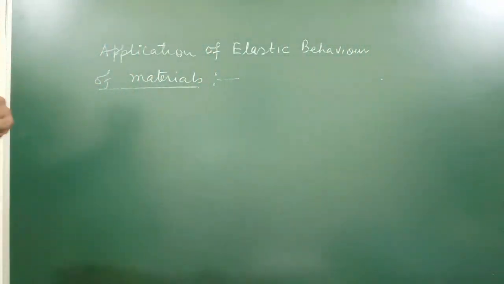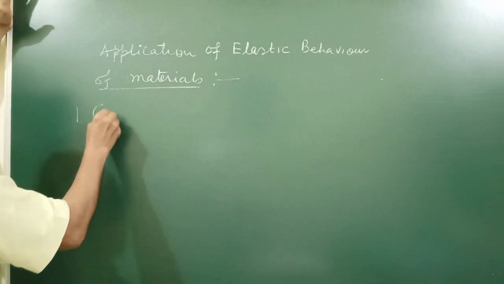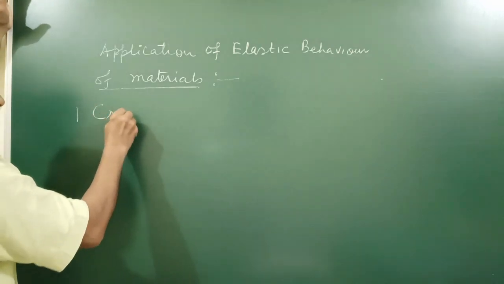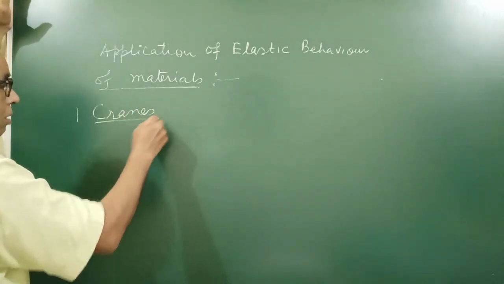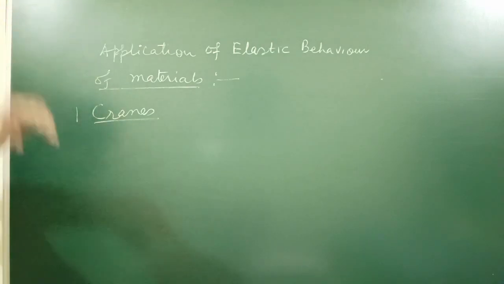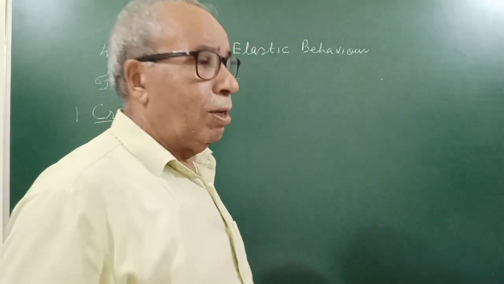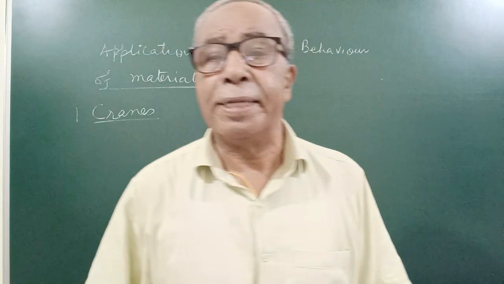So first of all, I take the case of a crane. You know what cranes are? Cranes are machines which are used to lift loads with the help of cables or ropes from one place to another.